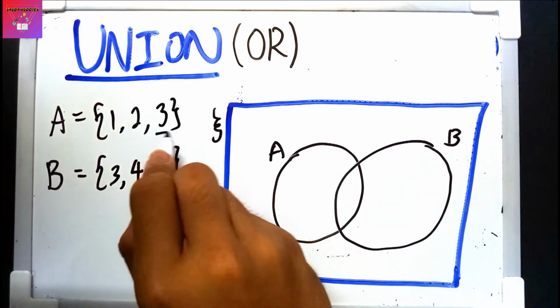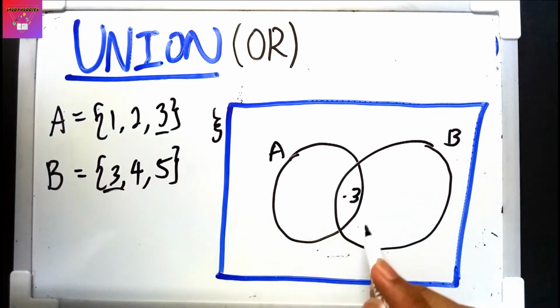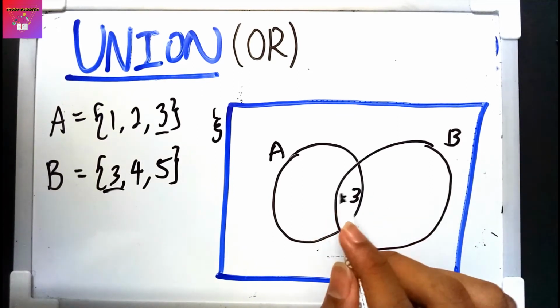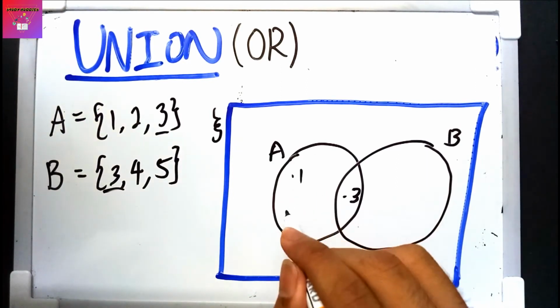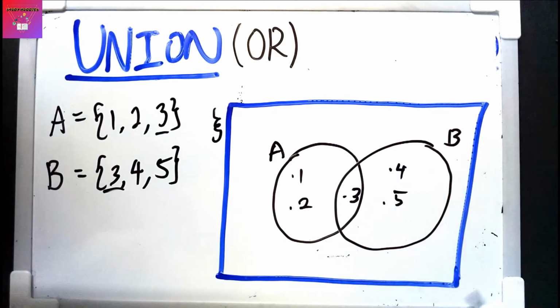The reason is that number 3 is repeating, so you just insert it there, and you need not repeat writing number 3 in split sets, because it makes it look wrong in the context of sets. So 1, 2, 4, and 5.